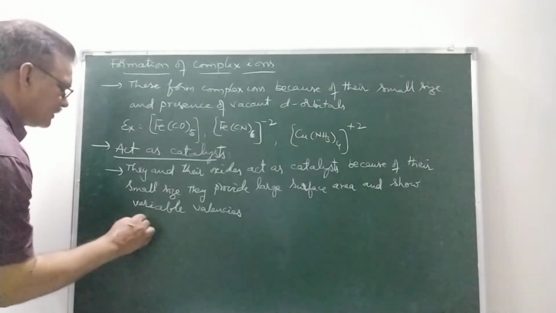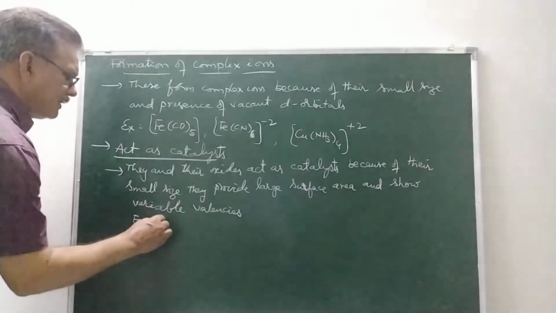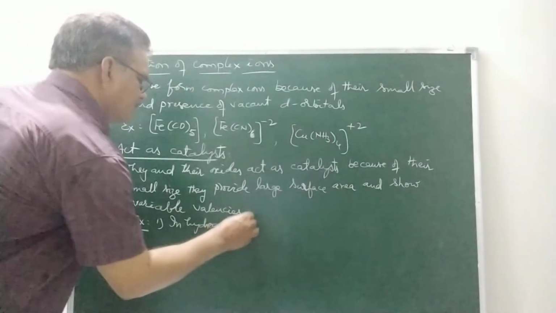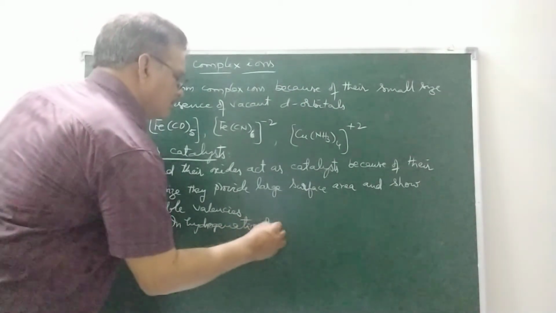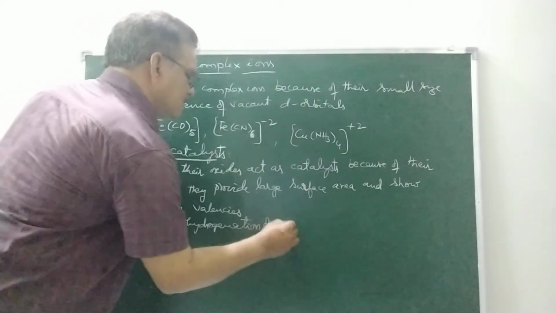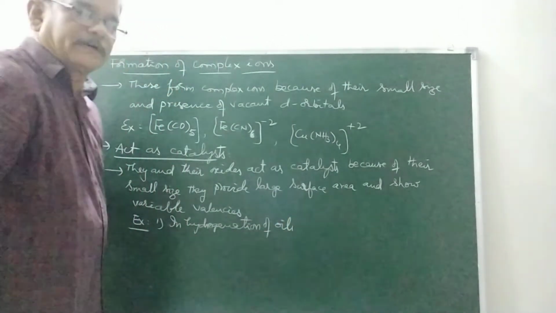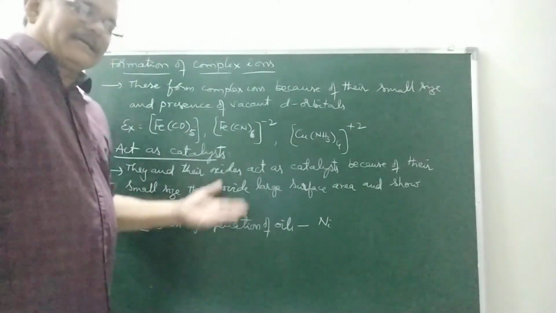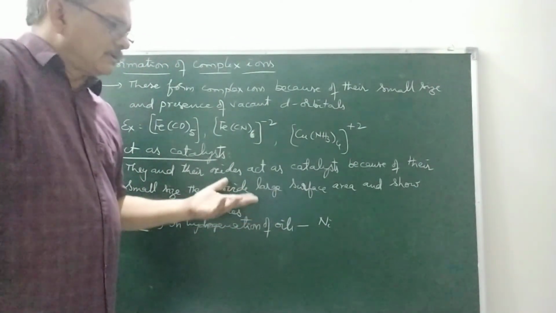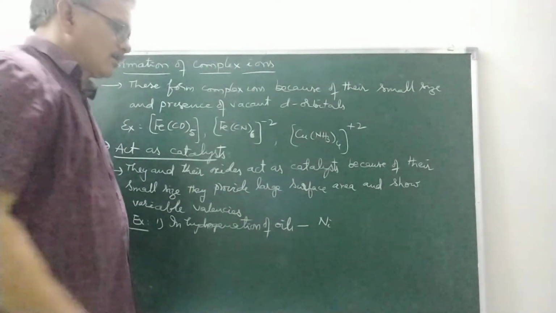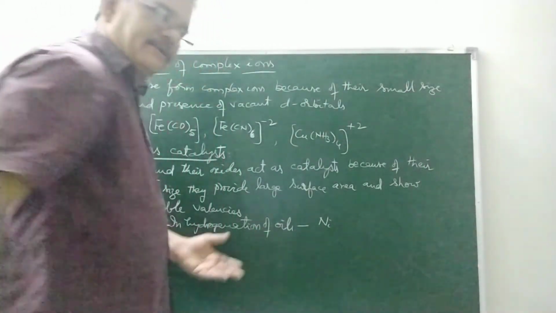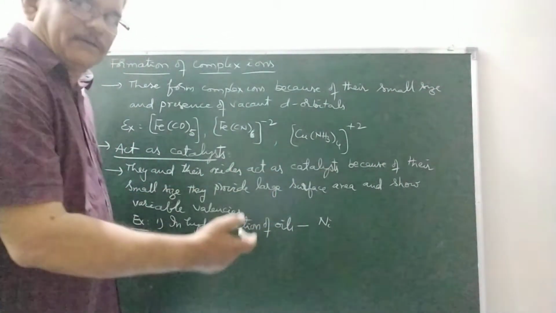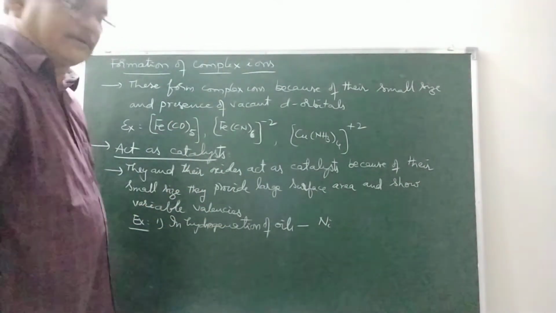For example, in hydrogenation of oils, oils convert into fats. What is the catalyst we use in general? Nickel. Similarly, in addition reactions of unsaturated hydrocarbons, we use platinum or palladium also. Nickel, platinum, palladium, all these are d block elements.